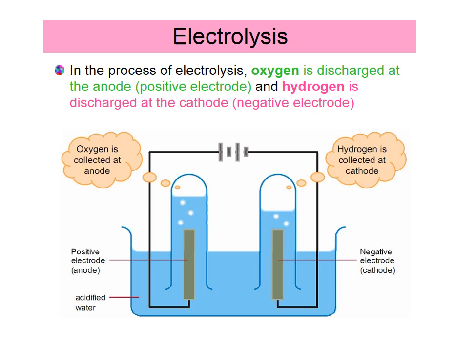The positive electrode we call the anode, and the negative electrode we call the cathode. The water here is acidified water. We add some hydrochloric acid to the water to make it acidic, so that the electrolysis of water can be done.